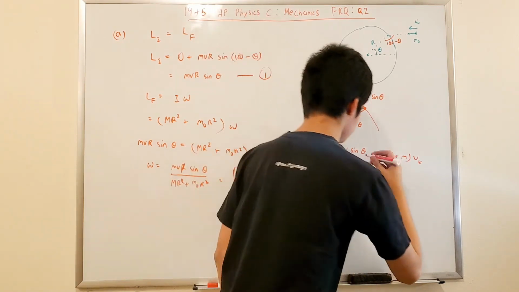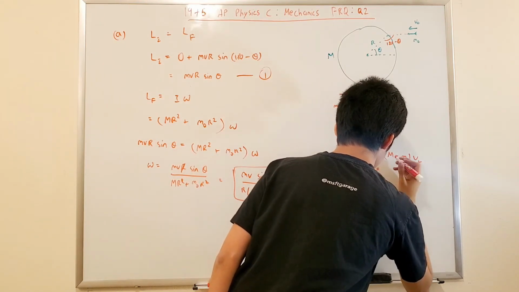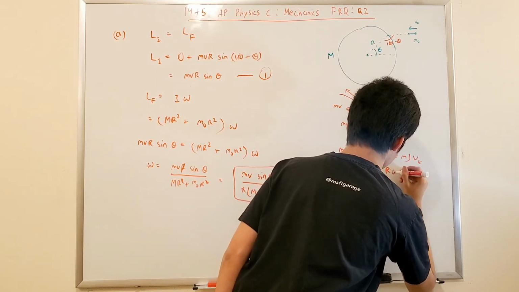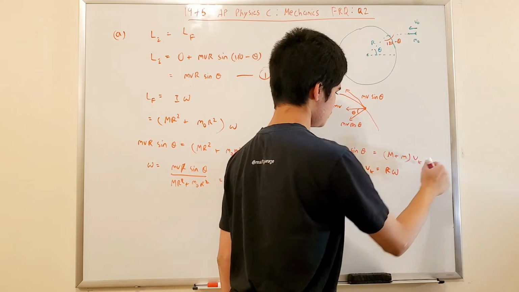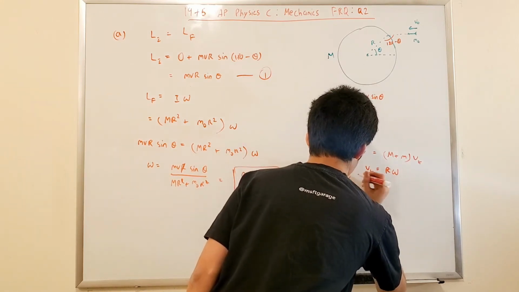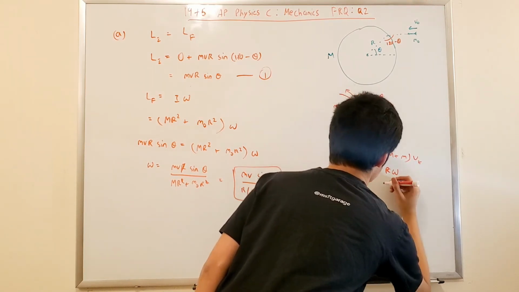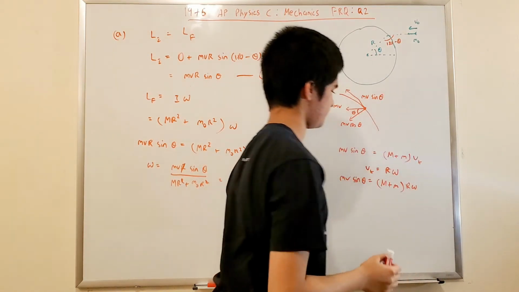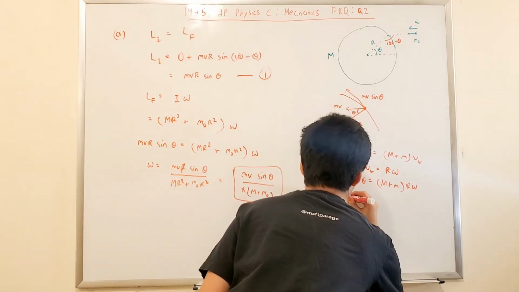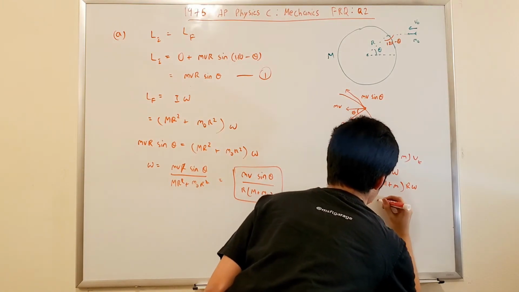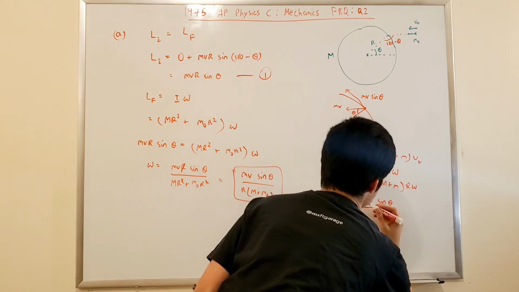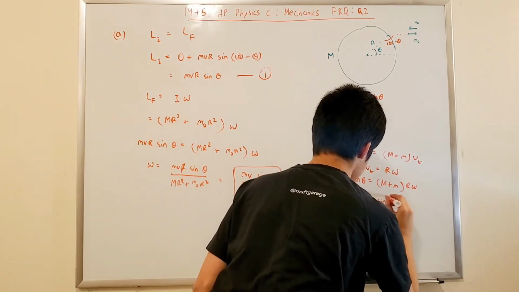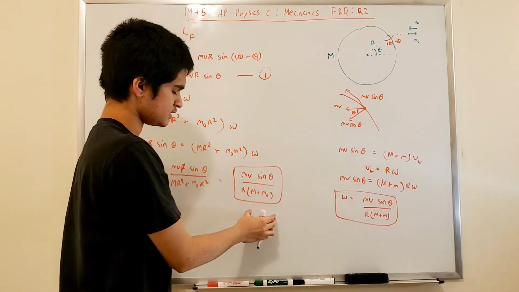We know that v tangential can be written as the radius times omega. Substituting that in, we get m0 v0 sine theta is equal to (M plus m0) r omega. Solving for omega, we get omega is equal to m0 v0 sine theta divided by r times (M plus m0), which, as you can see, is the same answer we got here.